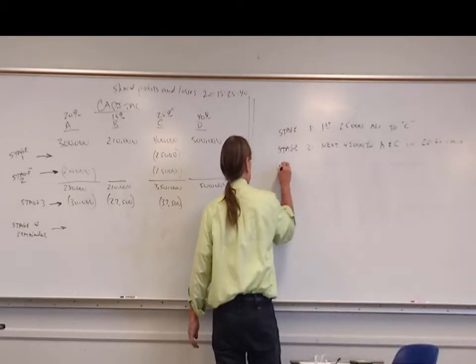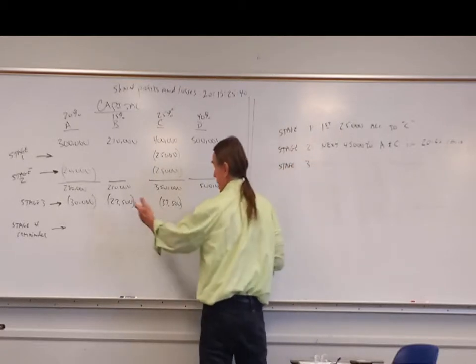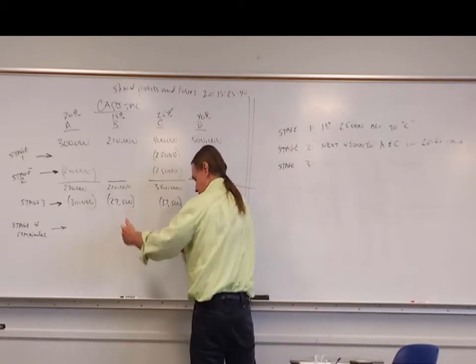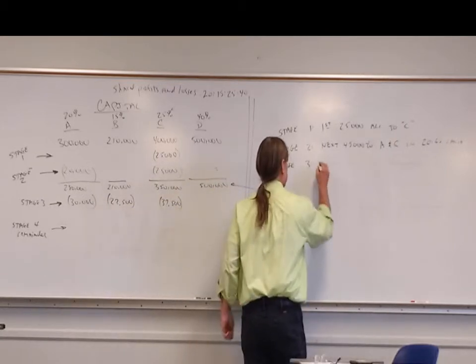Stage 3, the next, again, this added up to 60 plus 30 is 90. The next 90,000.